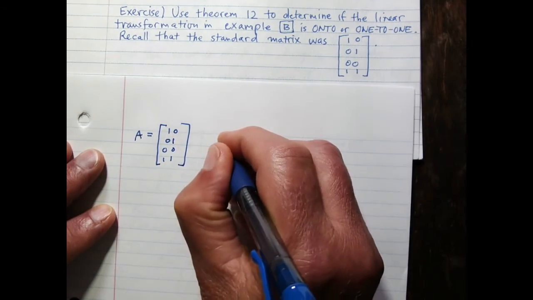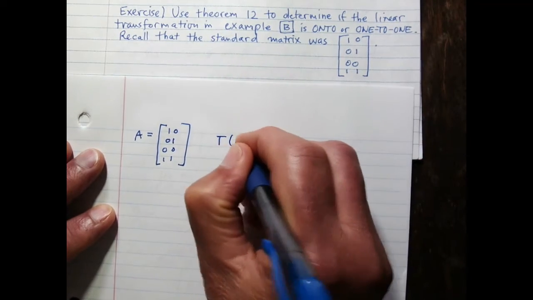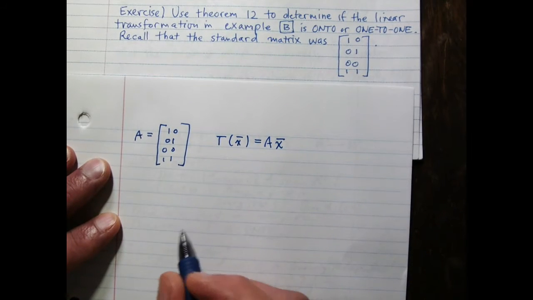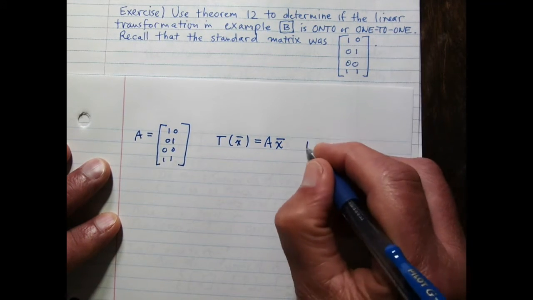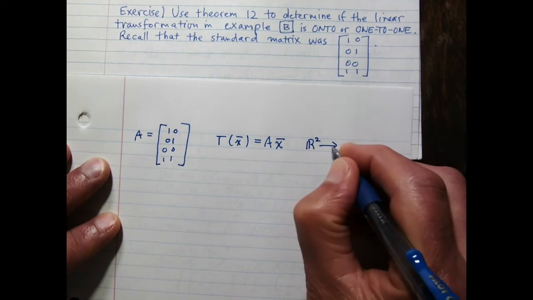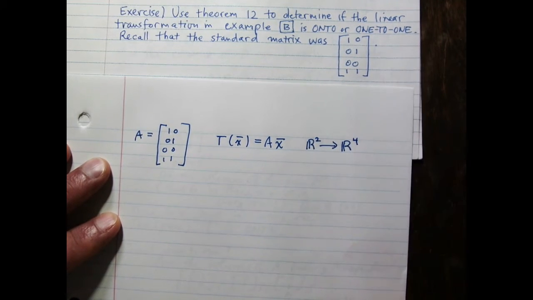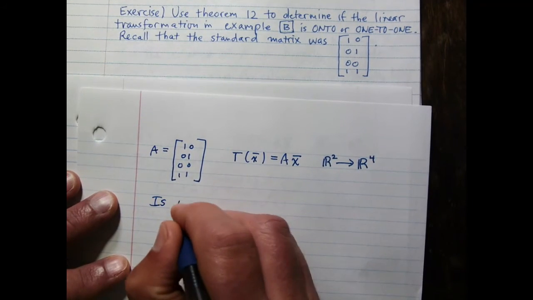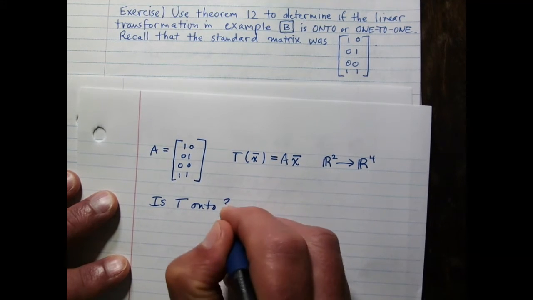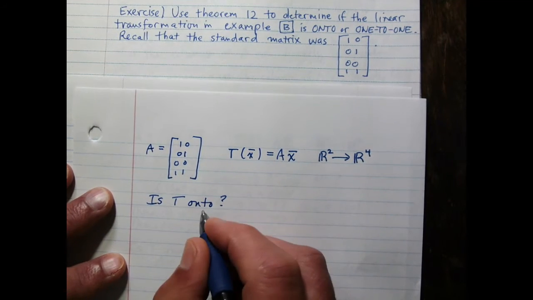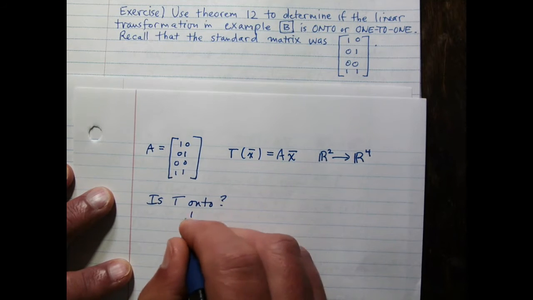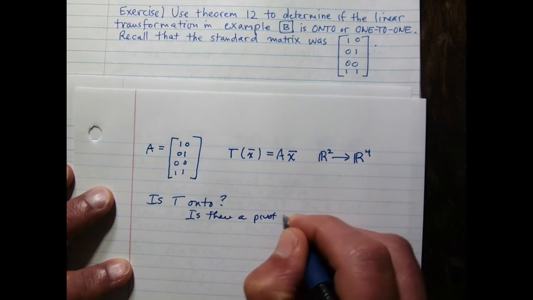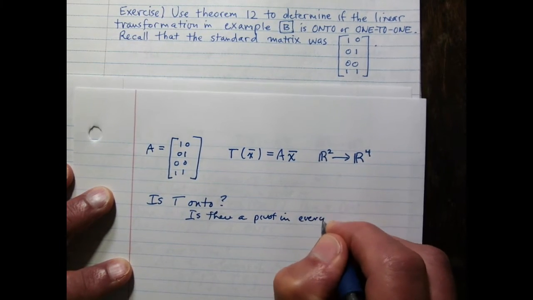Our linear transformation T is still defined by multiplication by A. A is 4 by 2, so this linear transformation is from R2 to R4. And so let's say, is T onto? Again, the shortcut way to determine this is, is there a pivot in every row?